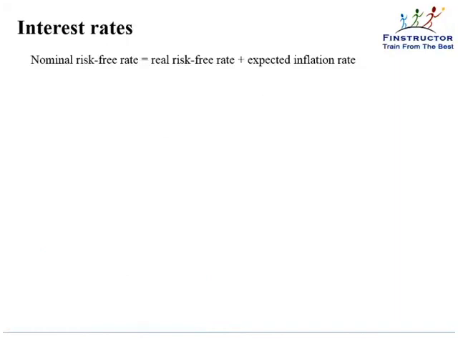Another way of looking at the interest rate is that the rate should at least meet the expected inflation rate. So let's assume an apple today costs $10 and you have $10 that you can invest in the bank. The bank gives you a rate of return of 10% so that your money at the end of 1 year becomes $11.